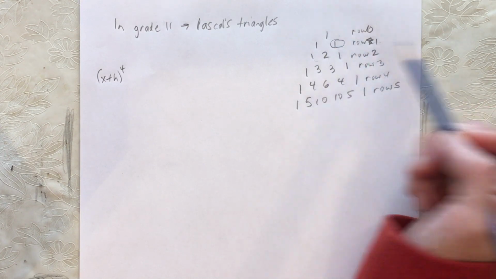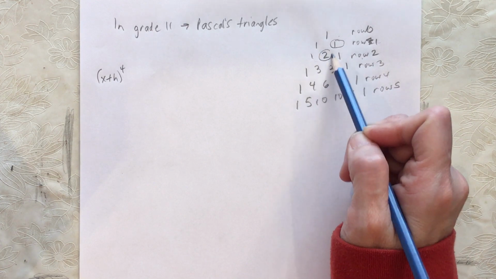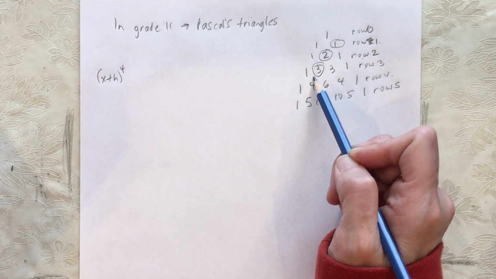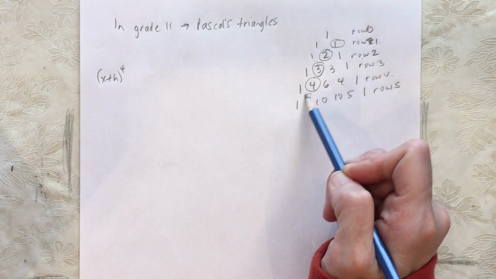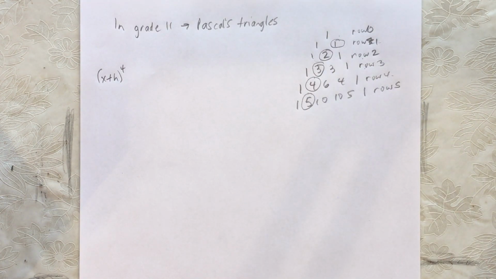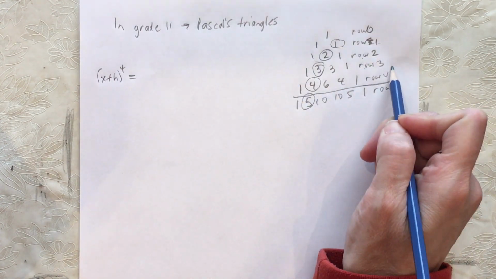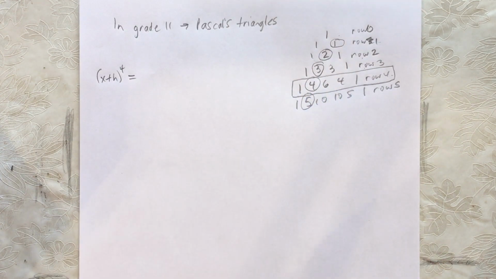Second number in from row 1 is a 1. Second number in on row 2 is a 2. Second number in on row 3 is a 3. Second number in on row 4 is a 4. Second number in on row 5 is a 5. Okay? All right, and if you remember, we would choose the fourth row of Pascal's triangle in order to expand something of the form x plus h to the fourth.